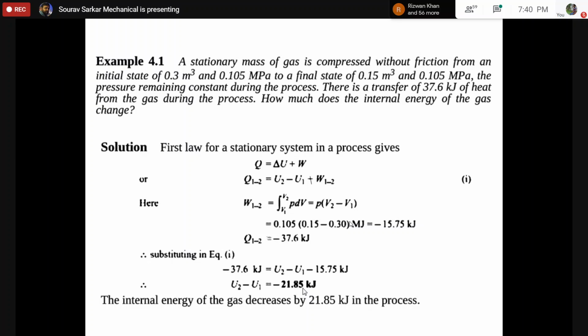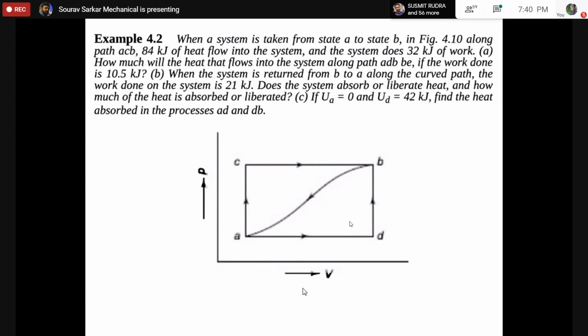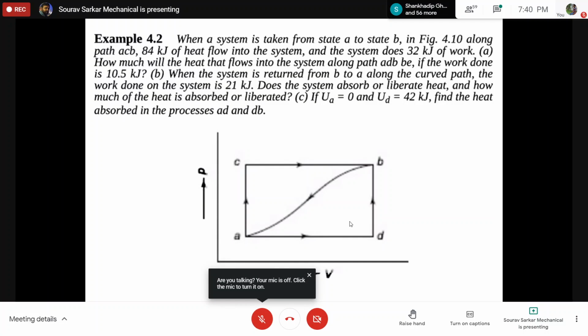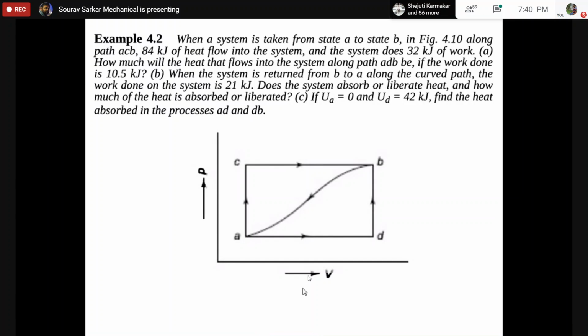If you solve this problem with pen and paper, the main idea behind the first law of thermodynamics will be completely cleared. So please solve this problem. I'm waiting to see what answer you get. Do you have pen and paper? Please bring a pen and paper.